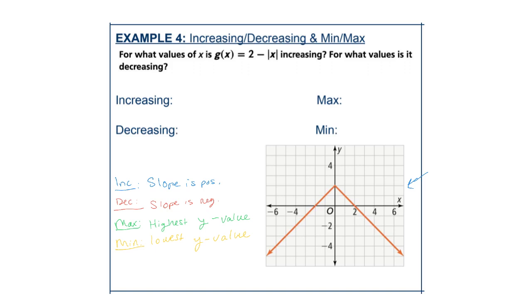Absolute value looks like two linear functions put together. So we can tell this slope is going up and to the right and it's positive, from here to here, and stops at this point, which means it's increasing.